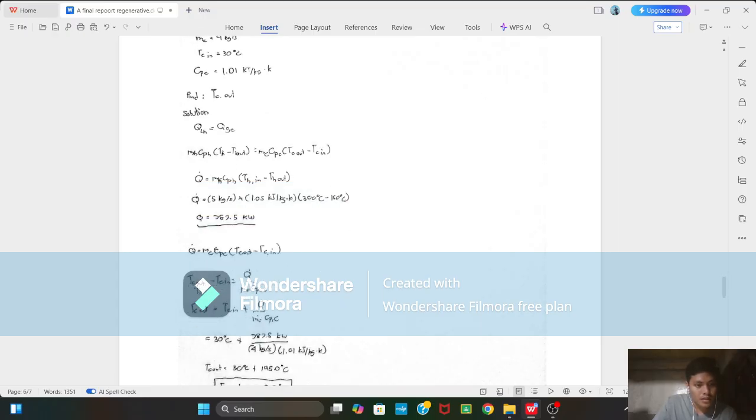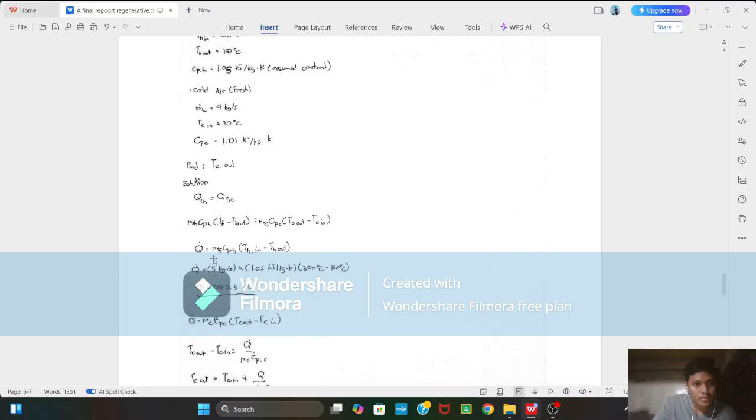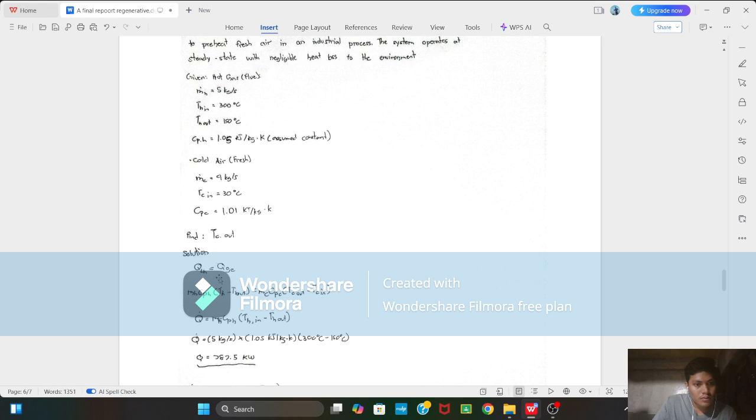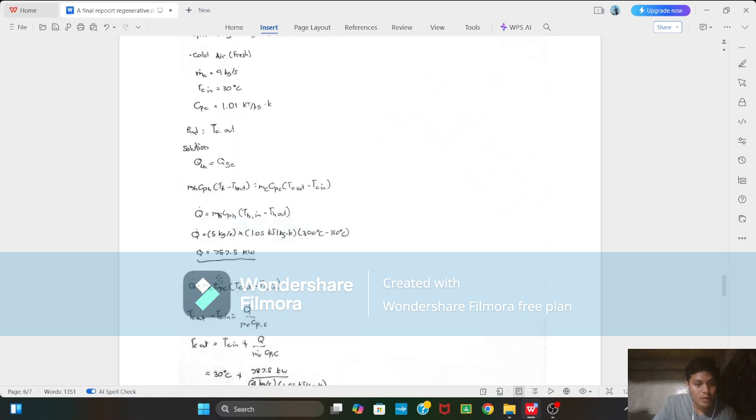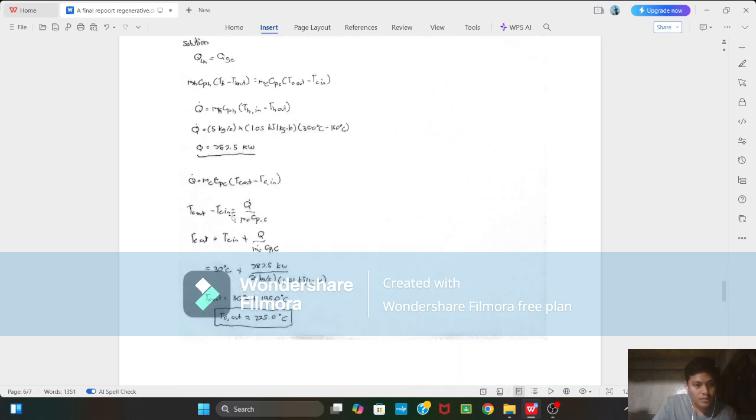Next is to find the T out of the cold gas, cold air. Formula is Q equals mc Cpc times (Tc out minus Tc in).